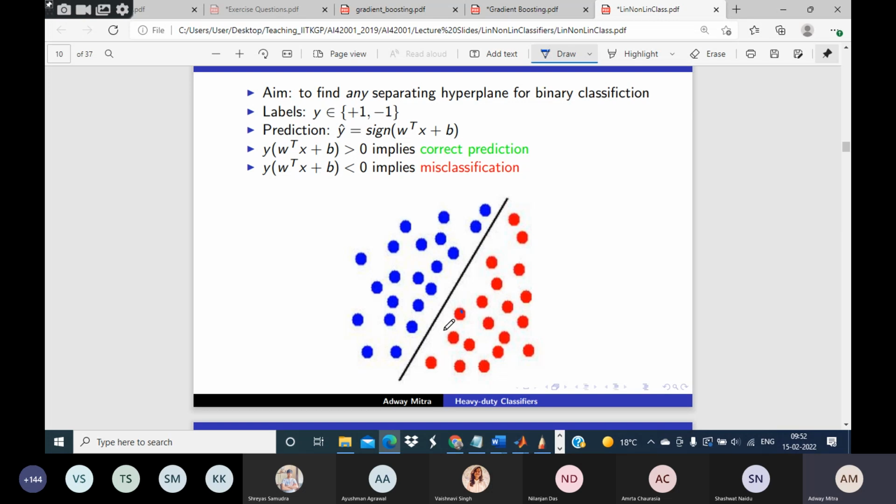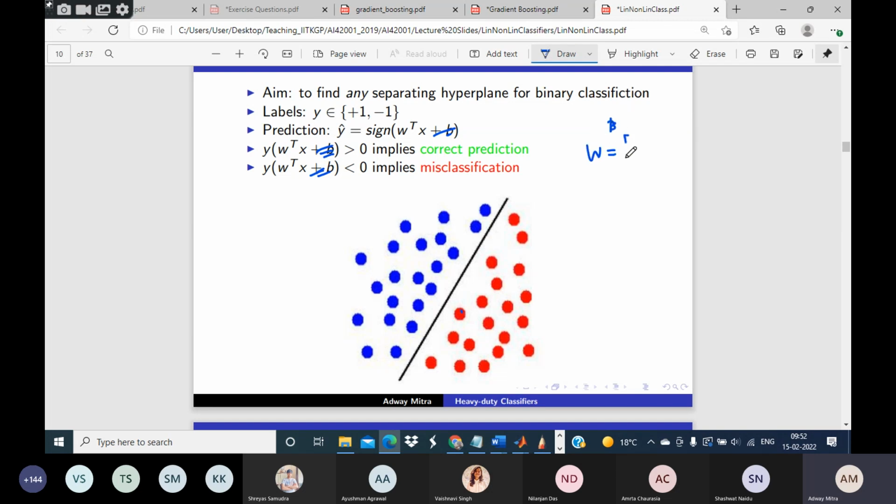Okay. So again we assume that there are two class labels, +1 and -1. Now the perceptron predicts according to the sign. The b term we will not consider from now on, because I have incorporated or absorbed the b into the w.